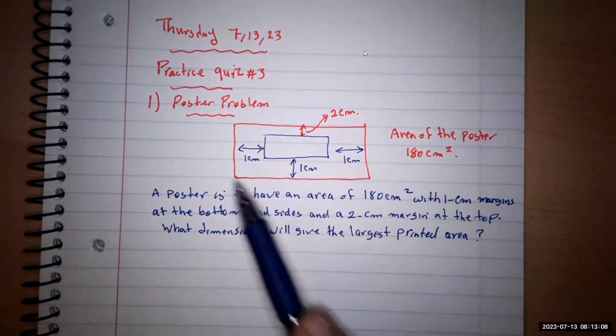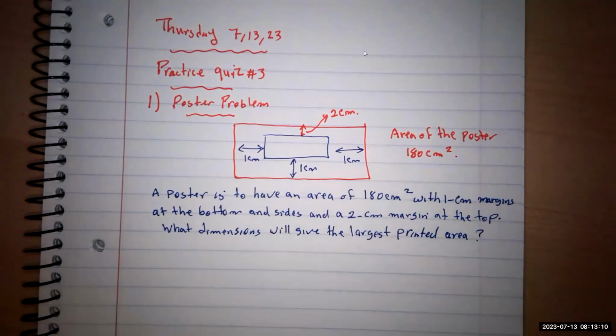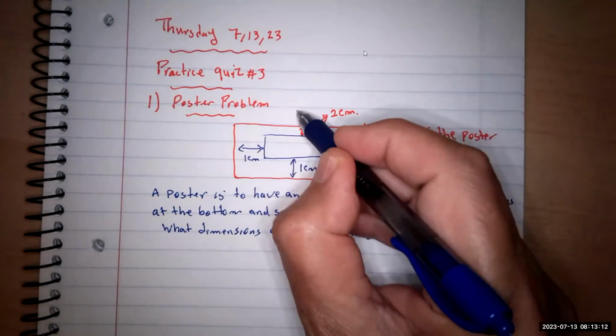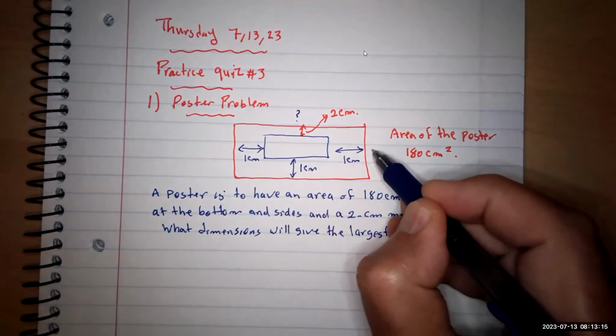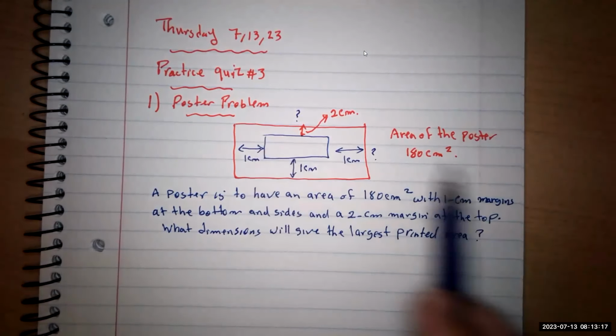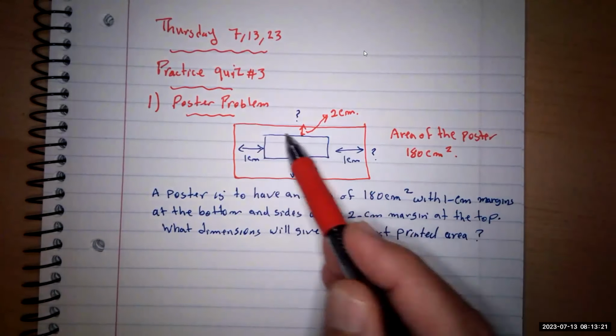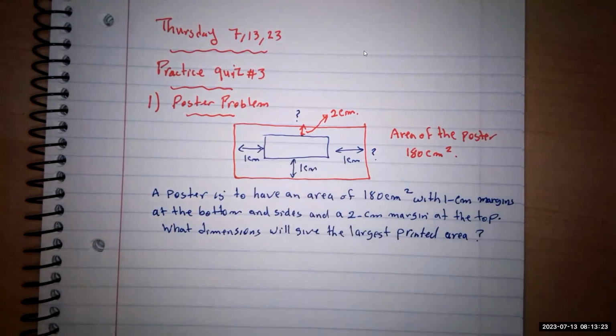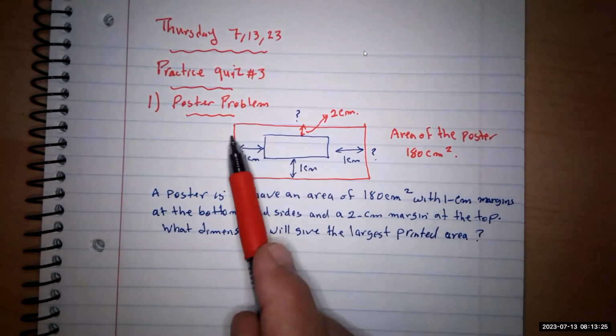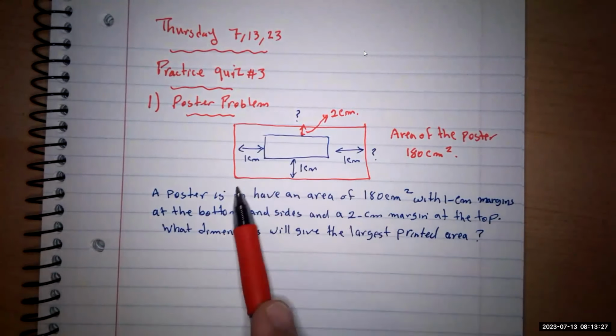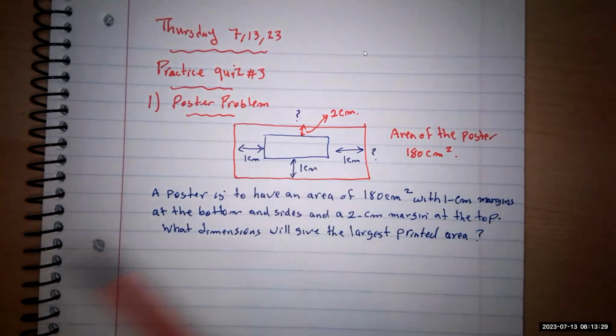So we want to know which dimension of the poster would give you the largest possible area for this part. You want to find this dimension so that the area of the printed part is going to be a maximum.